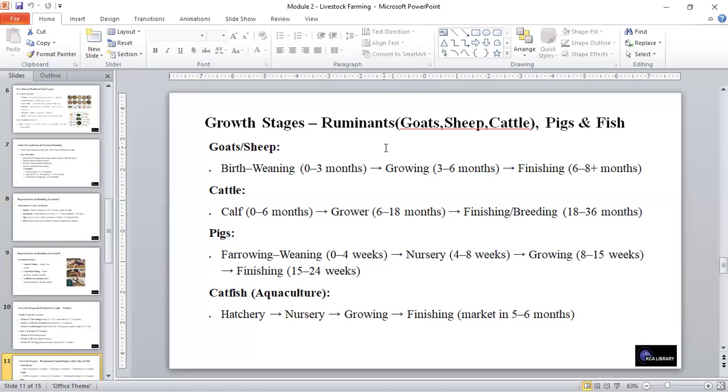For catfish, they move from hatchery to nursery to growing and finishing, all in 5 to 6 months. It will have to get to the market.